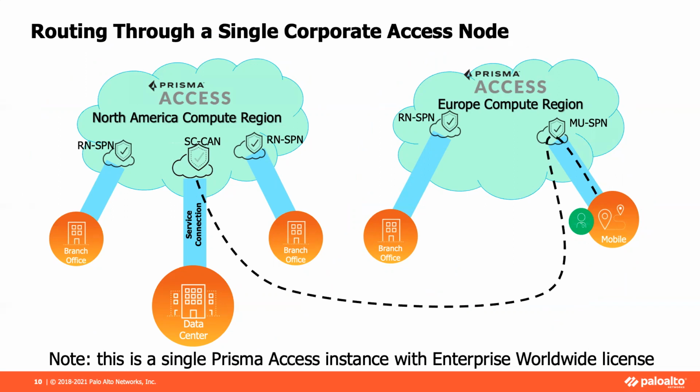If my mobile user is destined to this branch office, they're both in Europe. Let's say somebody in Paris talking to somebody in Munich. I hope I spelled that correctly.